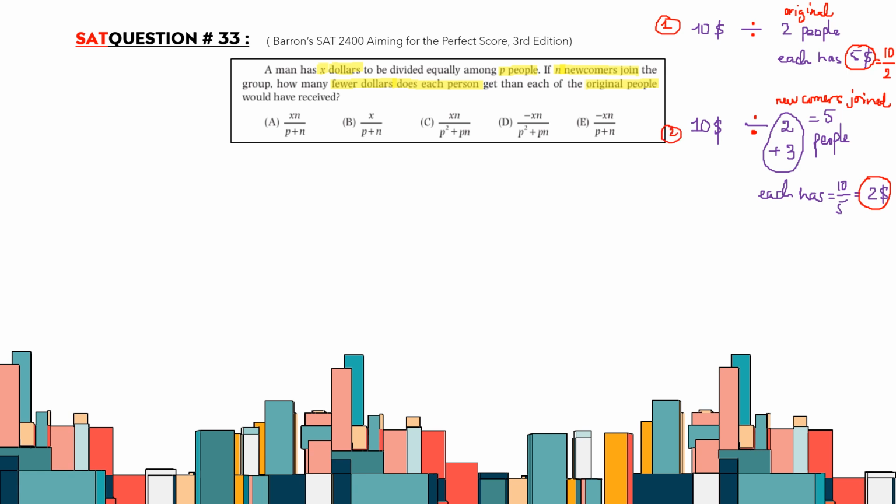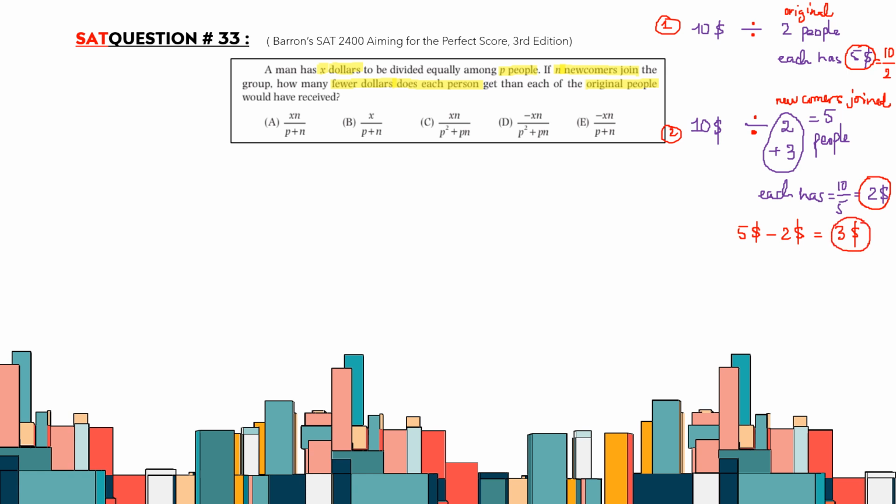And then when the newcomers join, each person only received $2. So the difference in between is $3. We take $5 and subtract $2. So each person receives $3 fewer than the original people would have received.